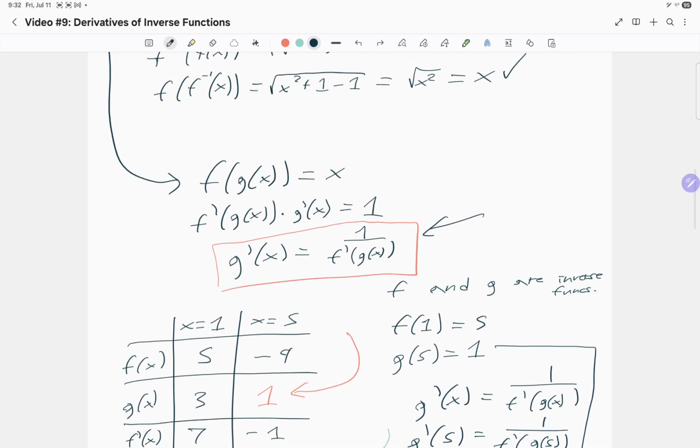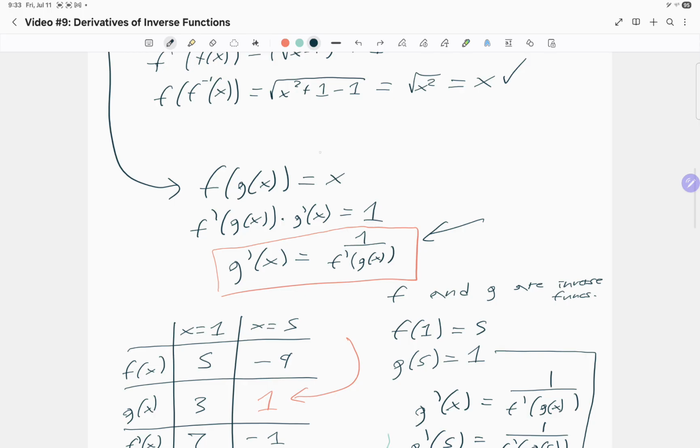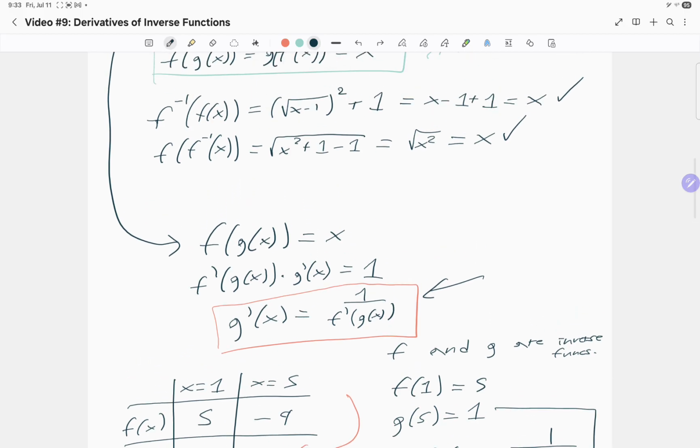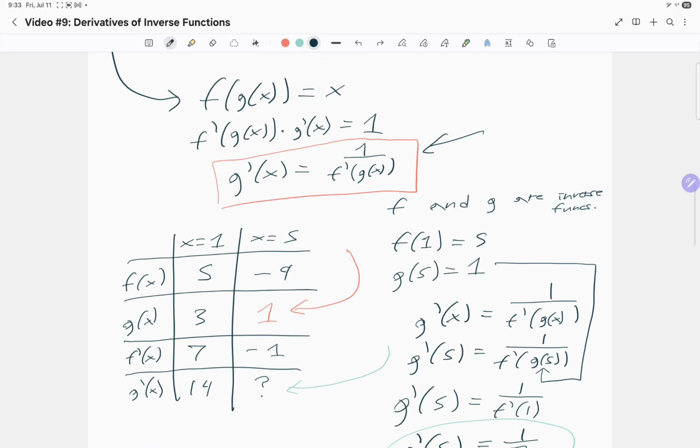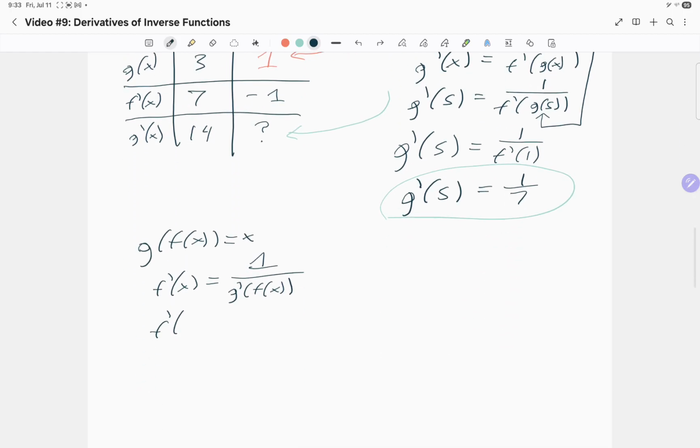Okay, so there is an alternate way to solve this. If instead of having f of g of x up here, we had g of f of x, for whatever reason, because we know that f of g of x equals g of f of x from up here, what I had with the asterisk, equals x.